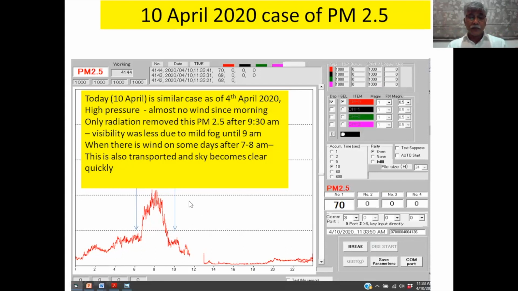And we realized, and I must share with you, that it is not harmful, because most of them were water droplets, of the order of 2.5 micron, and there was no pollution in the background. This was a new finding for us, that you do not have anything in the background, but still you have high values. So we need to distinguish what kind of PM2.5 particulate matter you are talking about. And the same scenario happened here: in the afternoon, it reduced drastically.